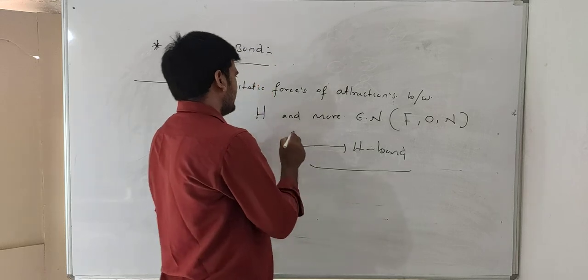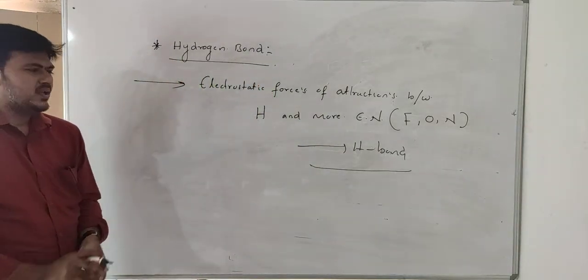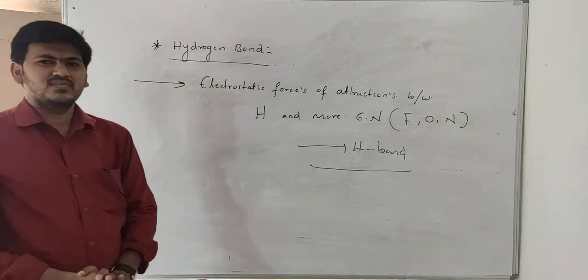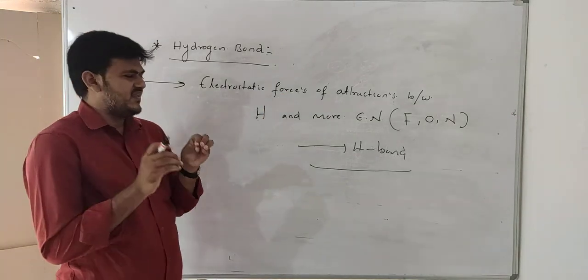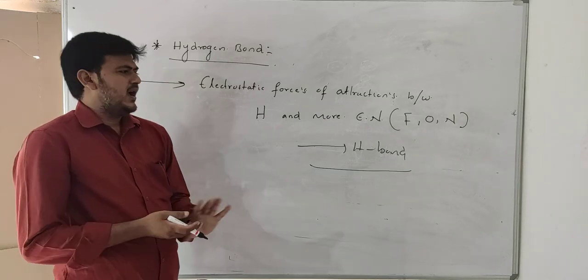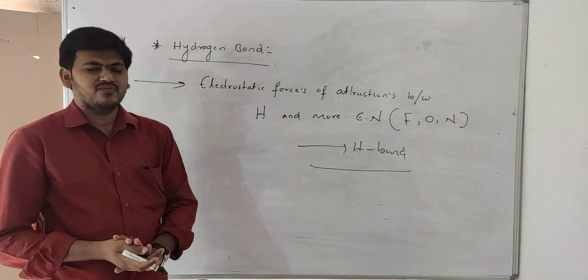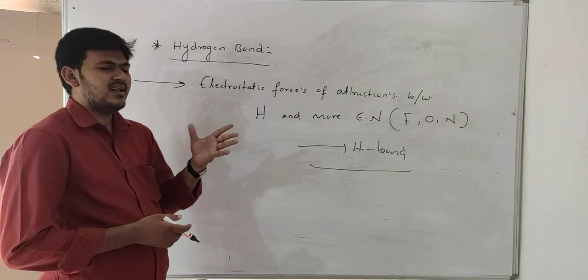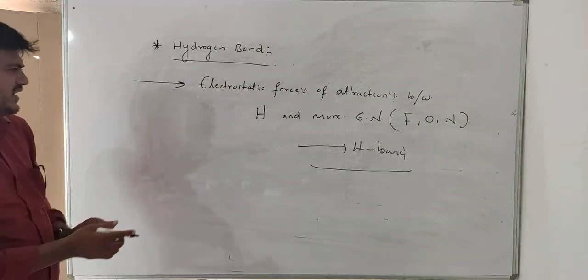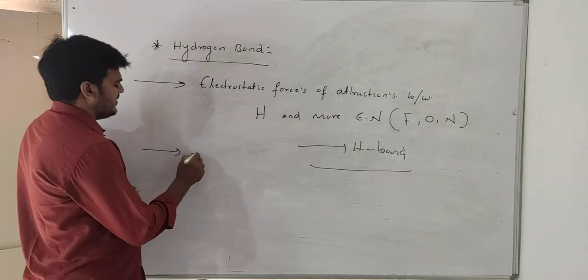The weak electrostatic forces of attraction between hydrogen atom and more electronegative atoms like fluorine, oxygen and nitrogen is called hydrogen bond. And it is represented by dotted lines.